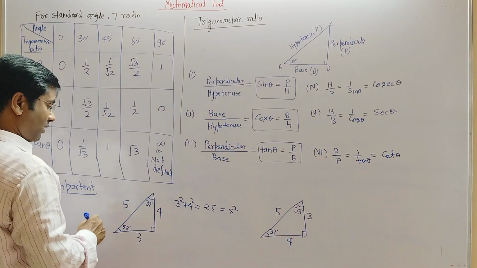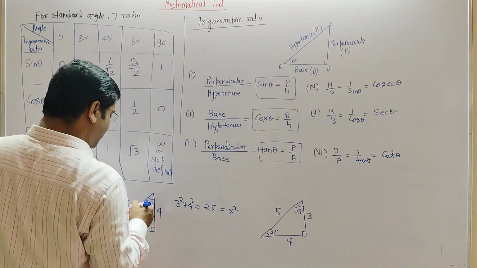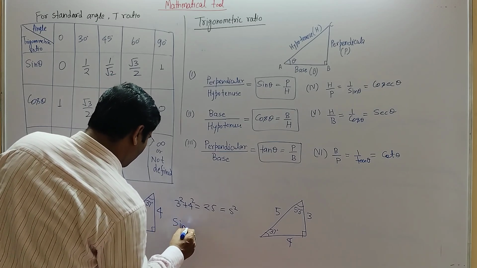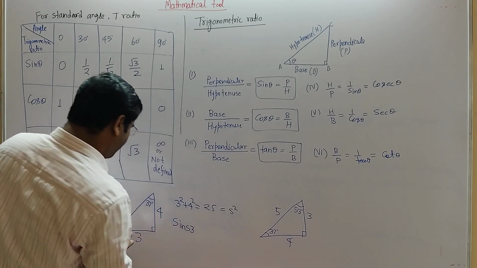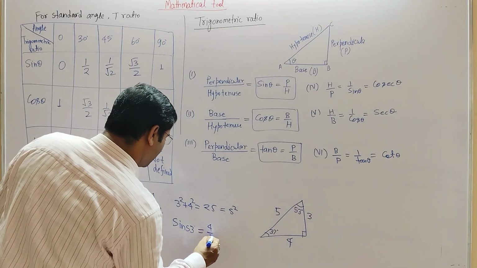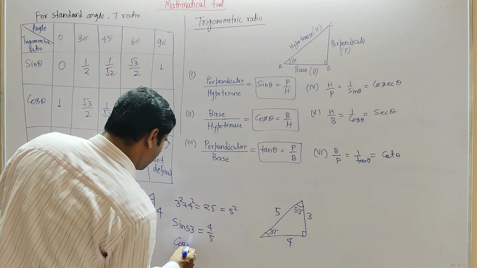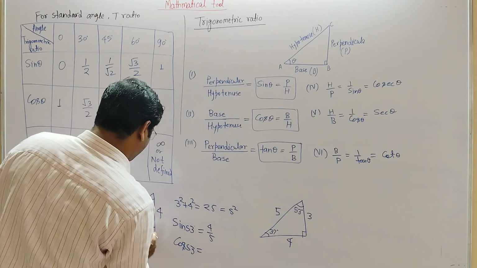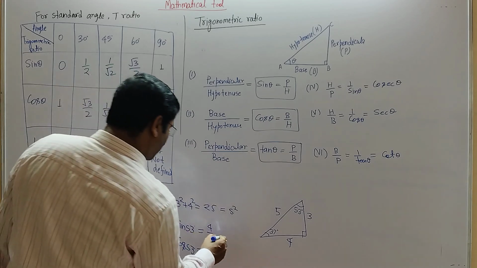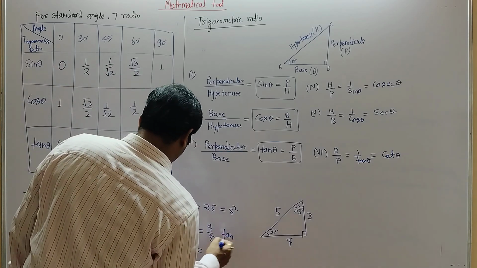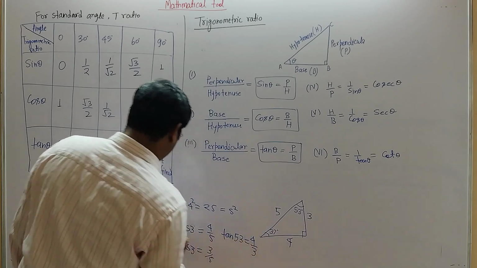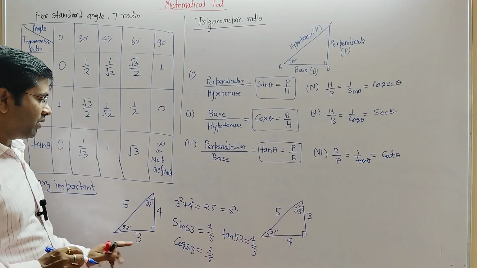So we can write here sin theta, cos theta, tan theta. Let's say what is the value of sin 53? Take 53. 53 means 4 upon 5. What is cos 53? Cos 53 is base upon hypotenuse. What is tan 53? Tan 53 is 4 upon 3.